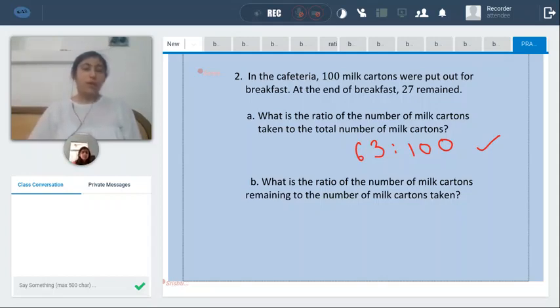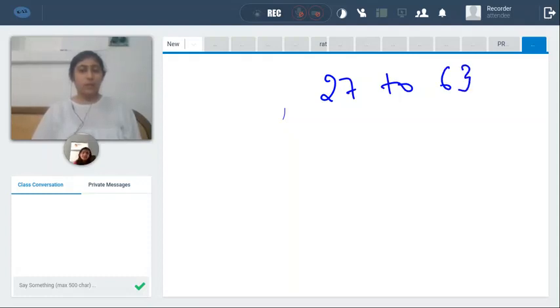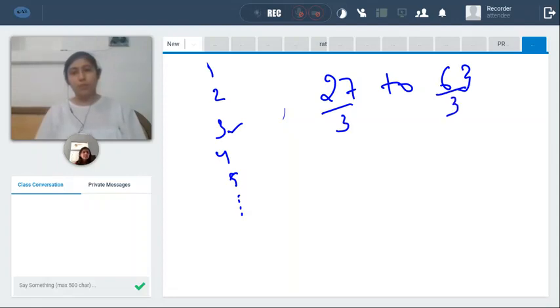You told me the answer 27 to 63, right? So can you find a common factor for both of them? Start with 1, 2, and 3. This is the simplest way you can do it. It's 3. Okay, good. So if you divide both of them by 3, you get 9 to 21. Can you again divide it by some other number?